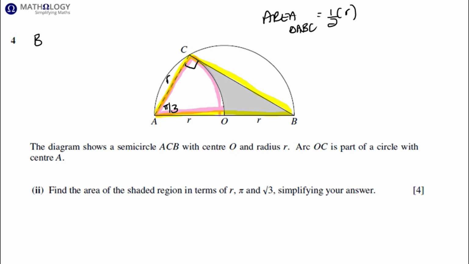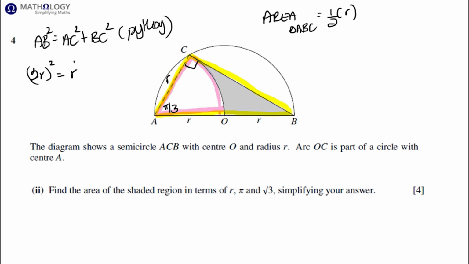So using Pythagoras' theorem, AB squared equals AC squared plus BC squared. AB is 2R, so 2R squared equals AC squared, which is R squared, plus BC squared.